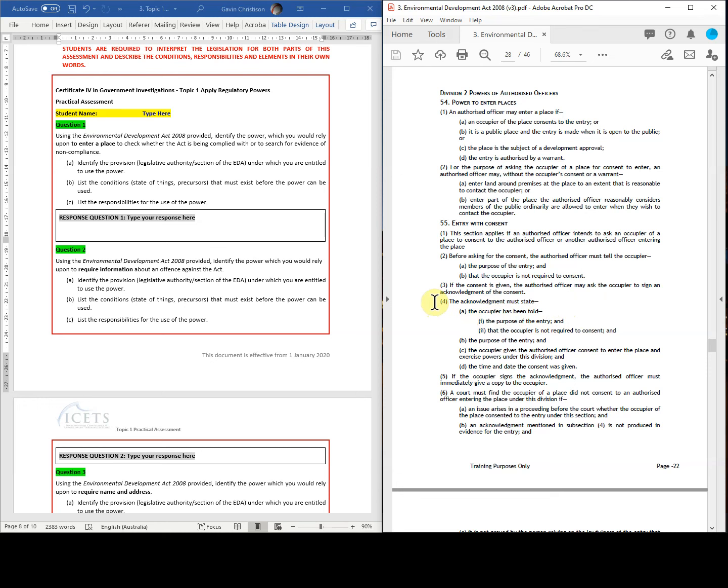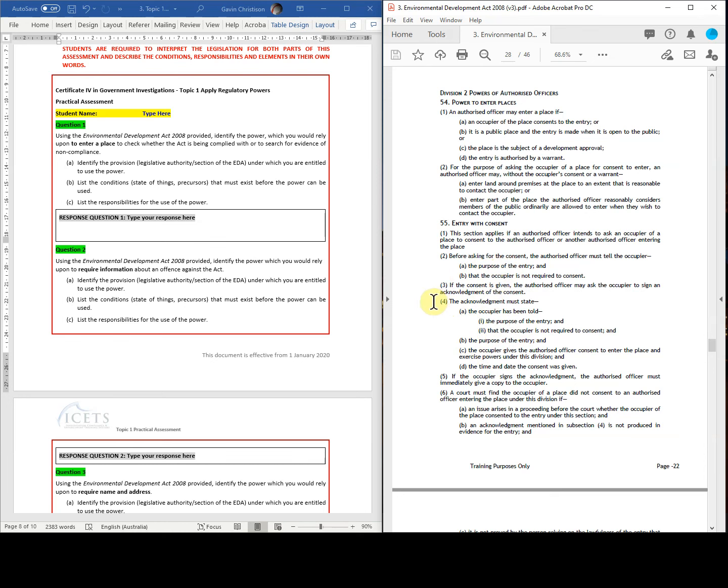Subsection 4, however, the acknowledgement must state A, B, C and D. Okay, so this places a responsibility on us. If we're going to ask for consent and get them to sign an acknowledgement, we need to comply with section 55 subsection 4.